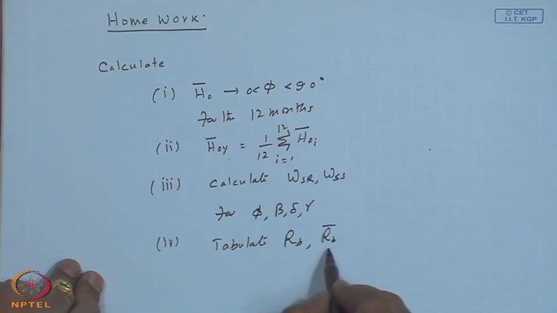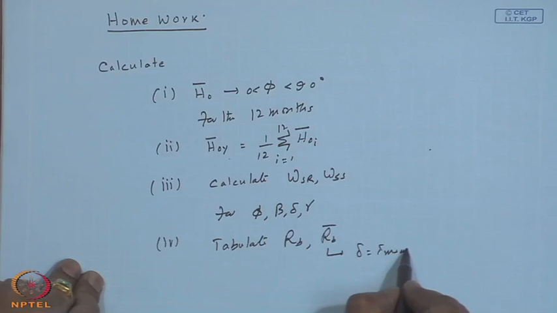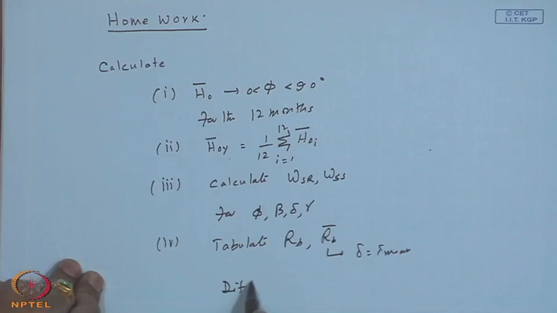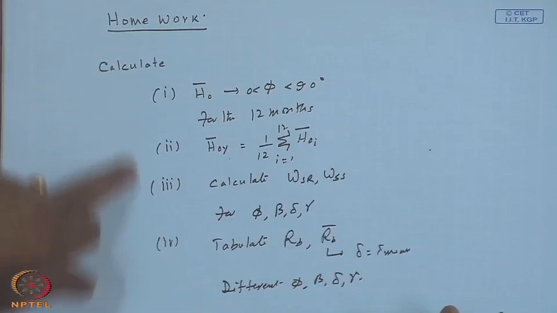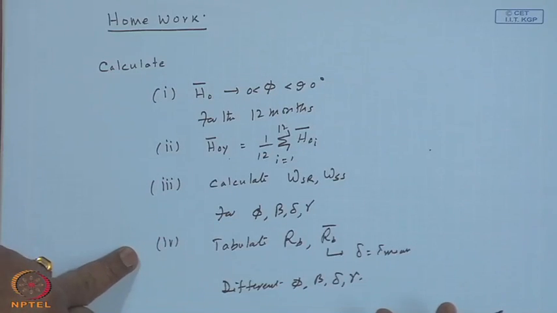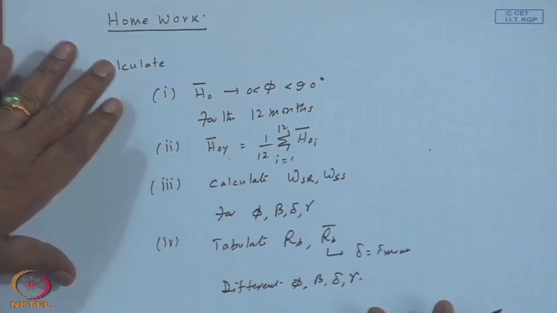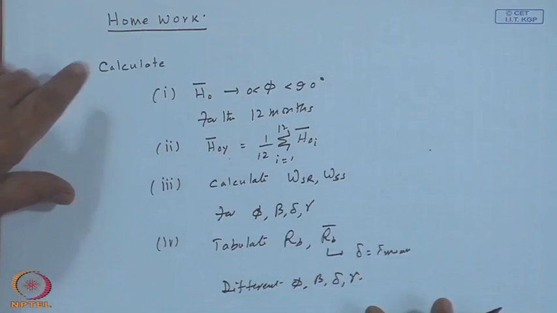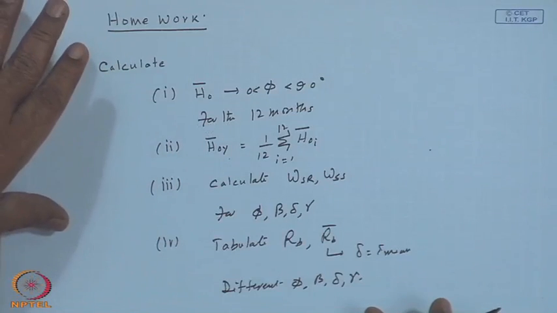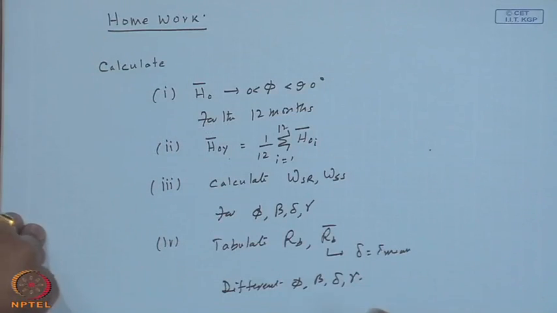This, let us say, only the delta equal to delta mean for different phi, beta, delta and gamma. So, if you do these exercises, it almost covers all the formulae we have done in the first 3 to 4 topics of lectures, which we have covered through the problems.